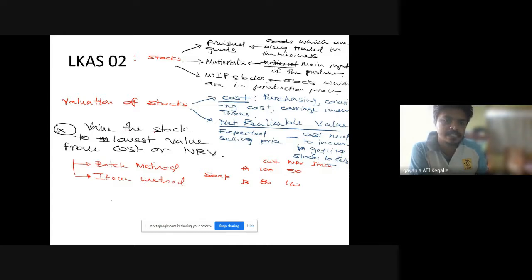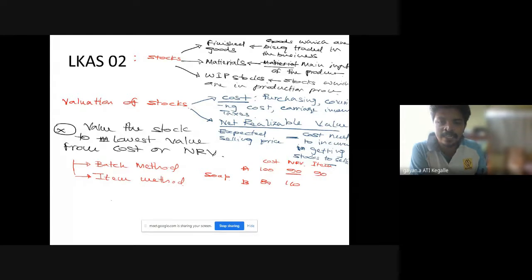We need to consider the value of the stock. Lowest value should be considered from the cost or net realizable value. Then if it is item based, we need to consider item wise. Here cost 100, net realizable value 90, then the lowest value is 90. For this item we need to consider 90.